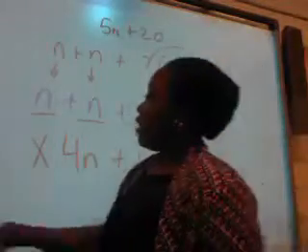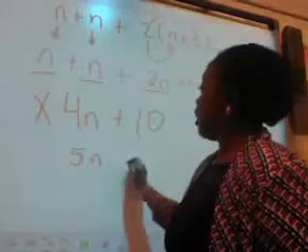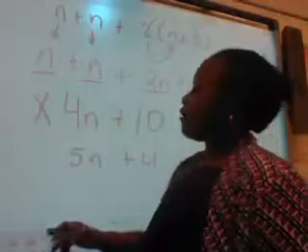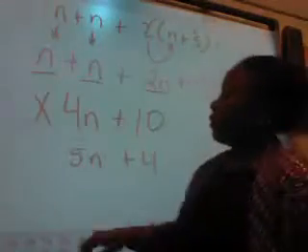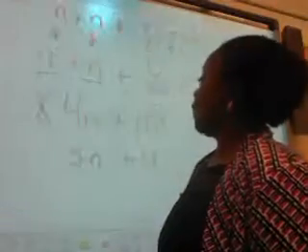So let's move on. Let's go down a little bit. 5(n plus 4). We want to find out, is 5(n plus 4) equivalent to 5n plus 20? Okay?